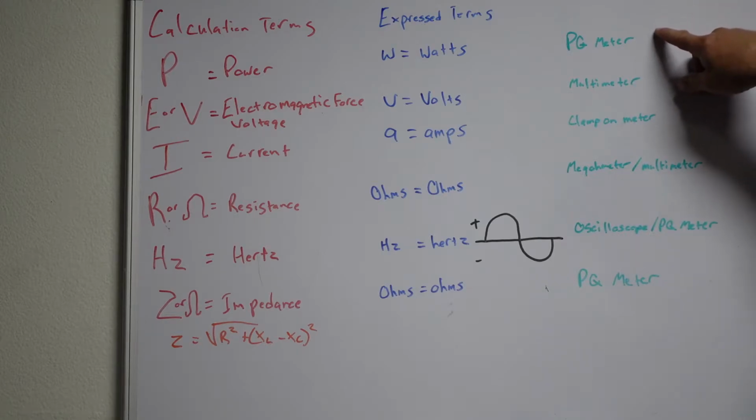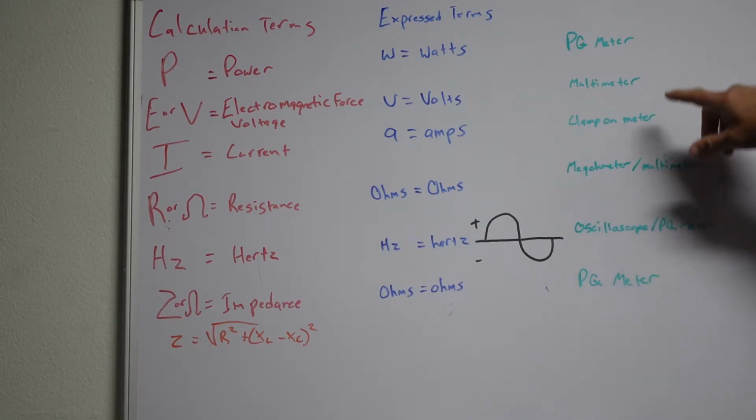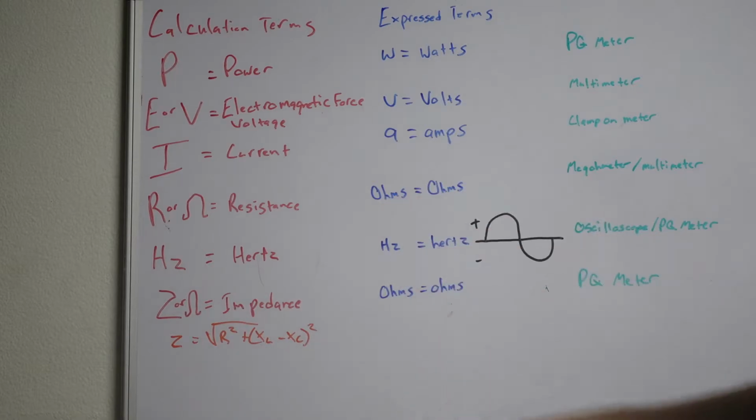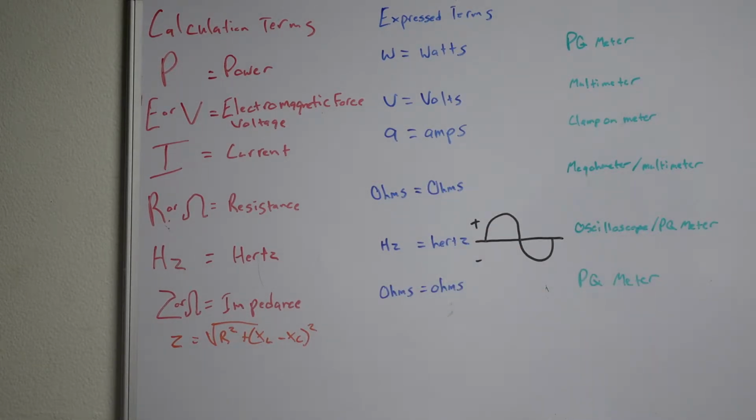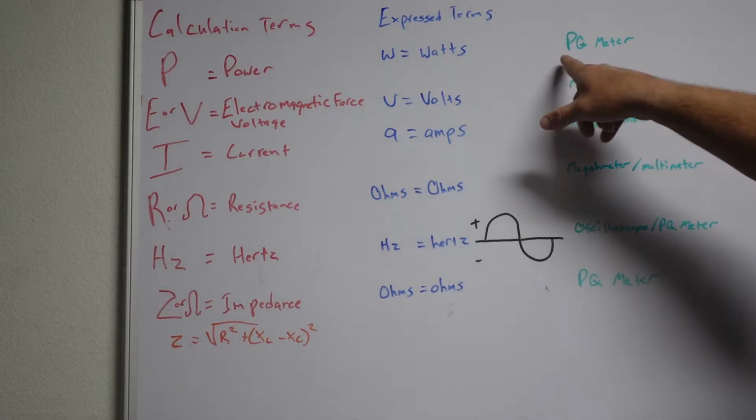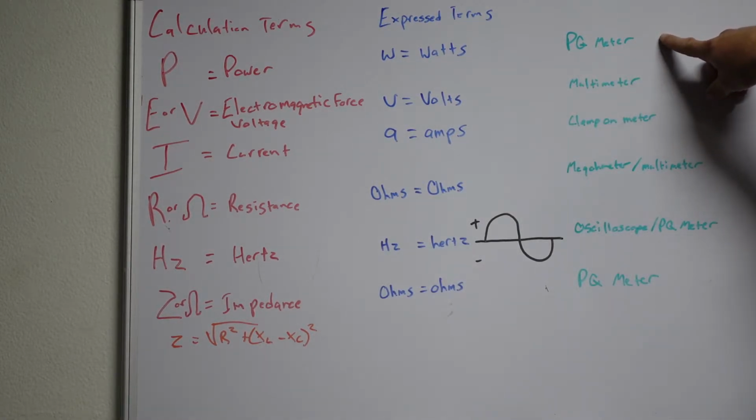So nowadays you usually have a multimeter that can do most of this stuff, if not all of it, but they're not always accurate. The further along we get, the better they get. But if I was to try and find exact power, I would use a power quality meter.